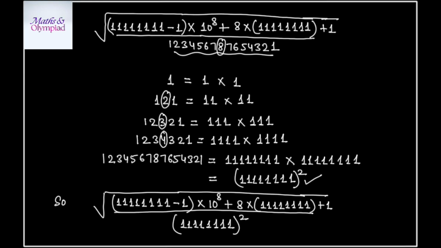Since we have a common term 8 times 1 in the numerator as well as in the denominator, I will suppose 8 times 1 equal to x. Let 8 times 1 equal to x.